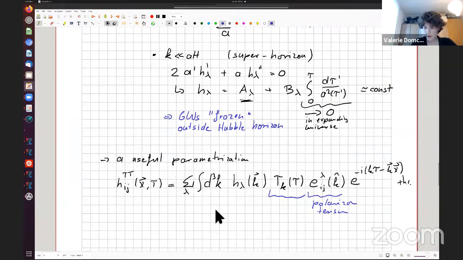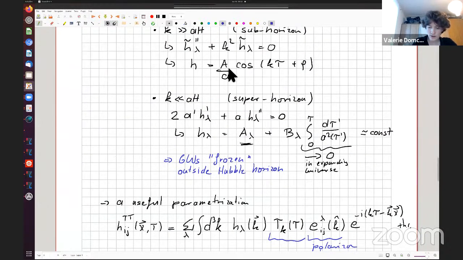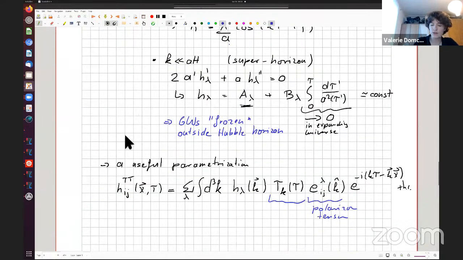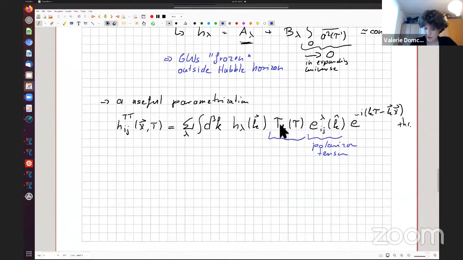And essentially what I want to do is separate the primordial amplitude, or the initial amplitude, from the trivial scaling of 1 over small a. I want to factor out the expansion of the universe. So this transfer function does exactly that. It takes care of the expansion of the universe. So this is what we call the transfer function. It is essentially the scale factor at some initial time divided by the scale factor at the time that appears here on the left-hand side, at which we describe the gravitational wave.